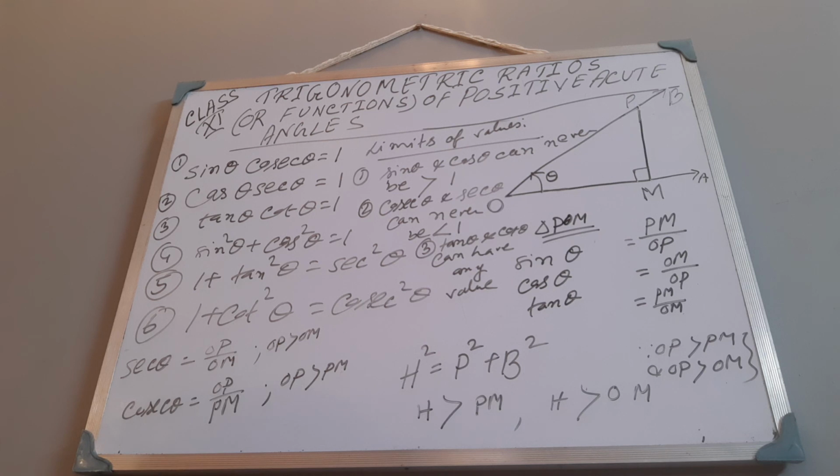As they are only lengths, these are pure numbers. That is why trigonometric ratios of a positive acute angle are always non-negative, and tan theta and cot theta can have any value.